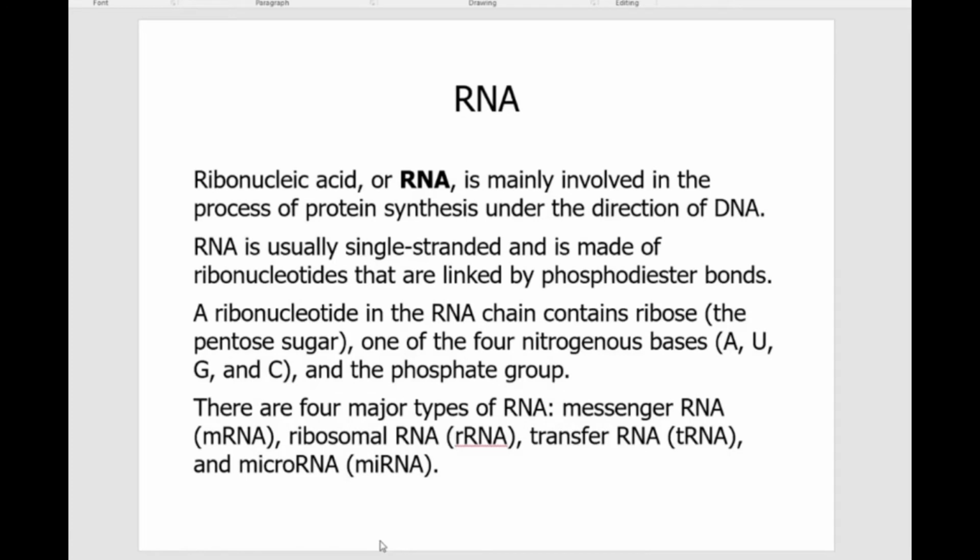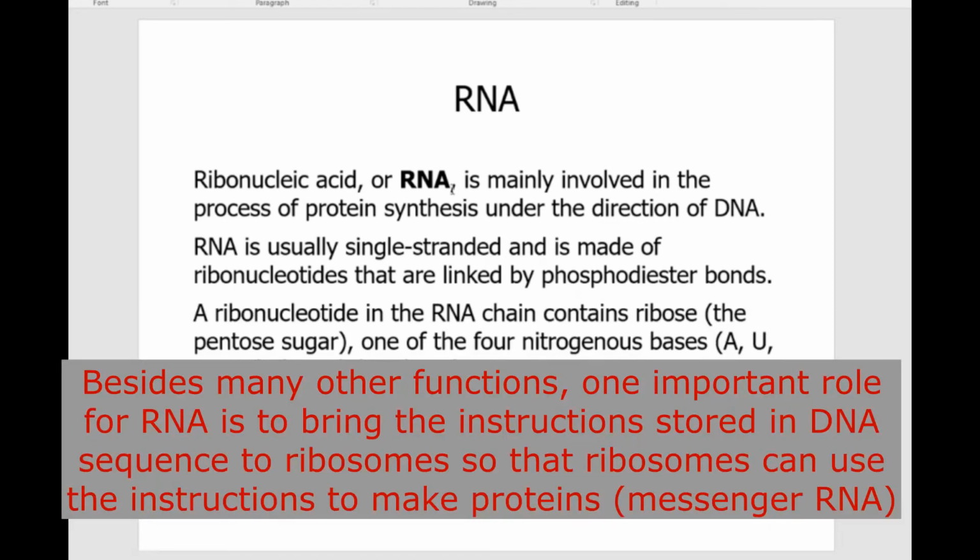Okay, now RNA, ribonucleic acid. It doesn't directly store your genetic information like DNA, right? It helps you use the genetic information, the instructions in DNA, to direct the synthesis of proteins.